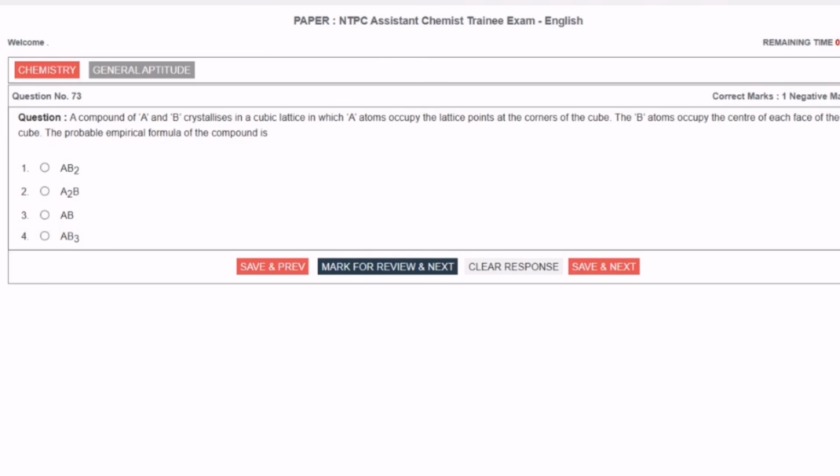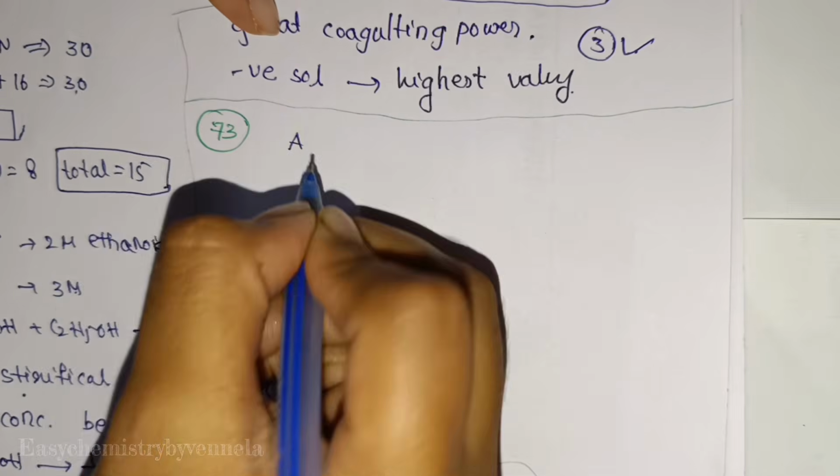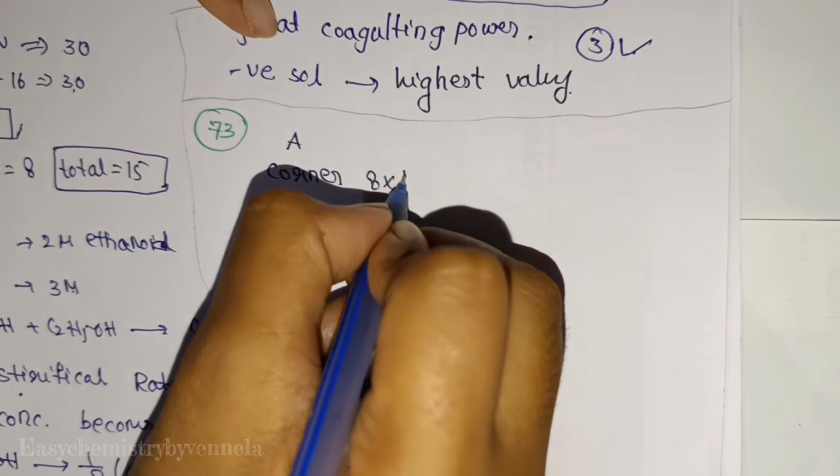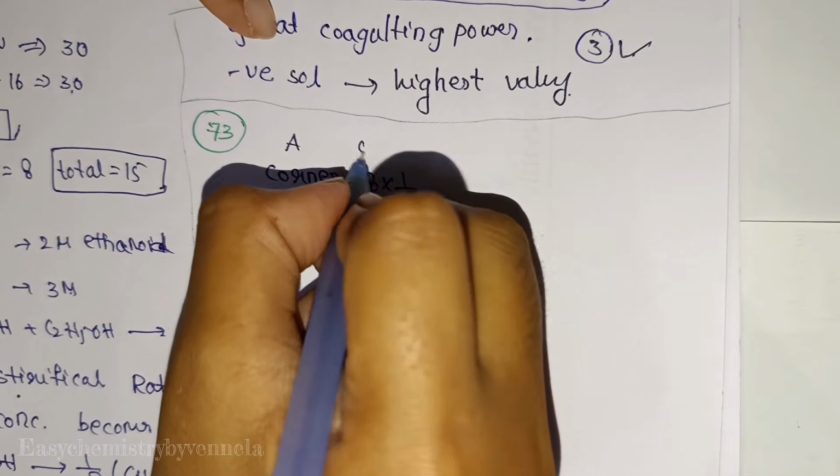Next question. A compound of A and B crystallizes in a cubic lattice in which A atoms occupy the lattice points at corners of the cube. B atoms occupy the center of each face of the cube. The probable empirical formula of the compound is... A occupies the corner. So 8 into 1 by 8.